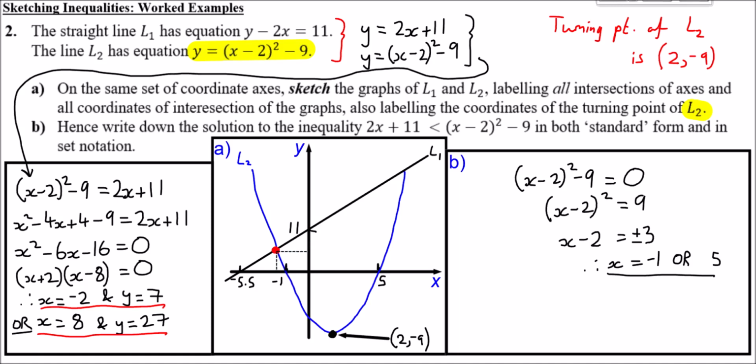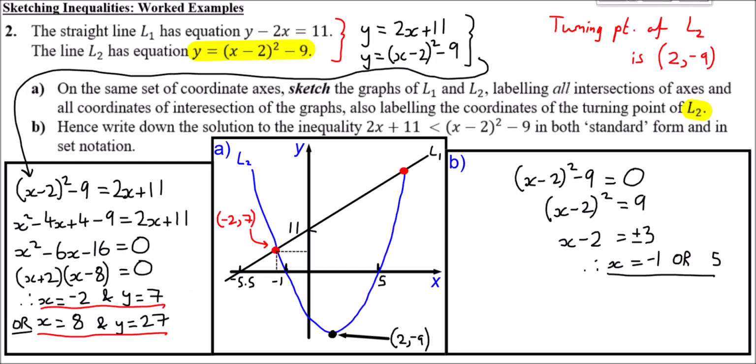So that coordinate here is (−2, 7). And similarly, we can do the same at this one over here, which is (8, 27).